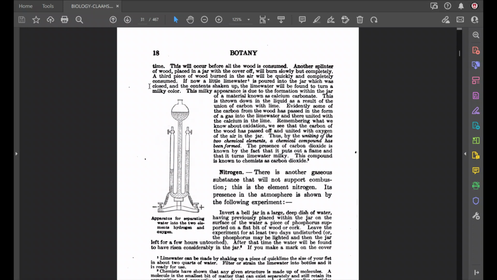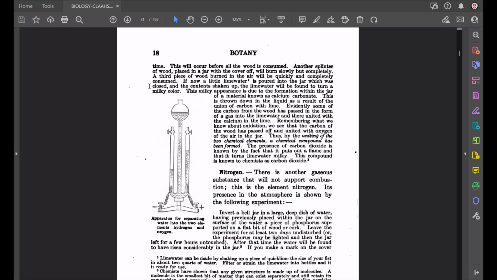The milky appearance is due to the formation within the jar of a material known as calcium carbonate. This is thrown down in the liquid as a result of the union of carbon with lime. Some of the carbon from the wood has passed in the form of a gas into the lime water and there united with the calcium in the lime.